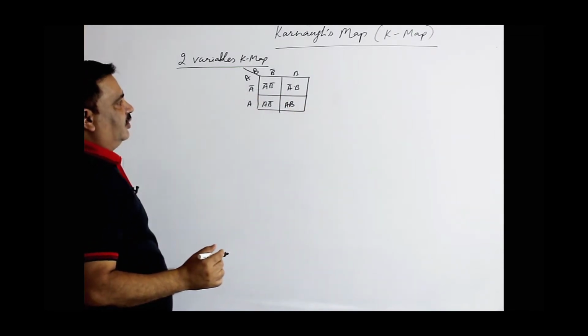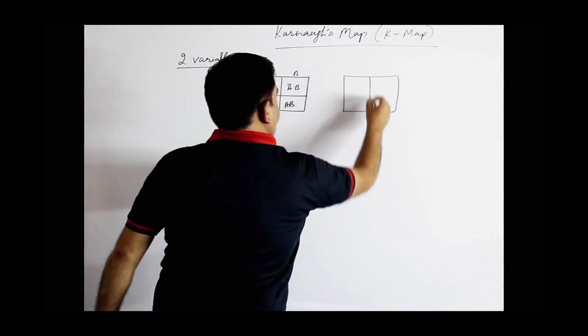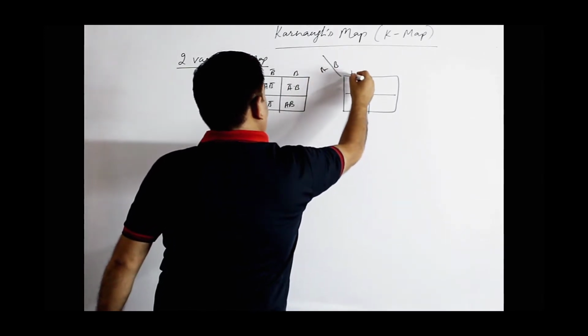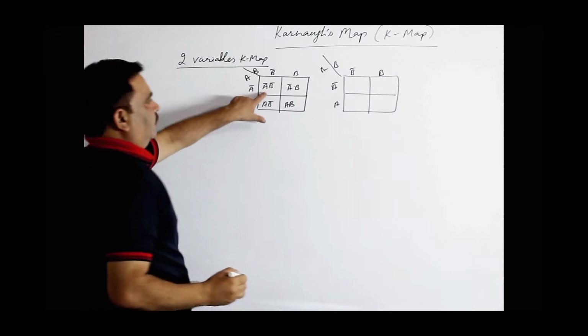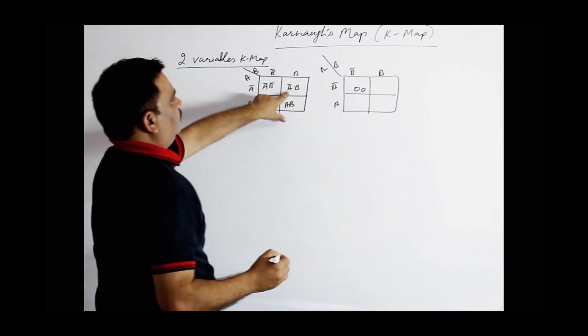If you write the designation of this, I am drawing it again just to make you understand. Both are complements, so you write 0, 0; 0, 1.